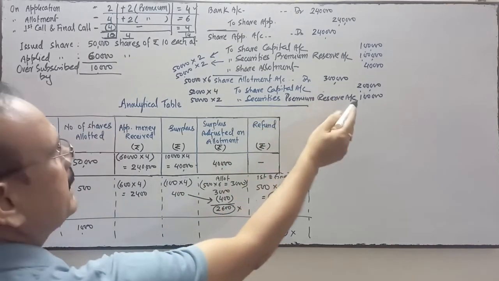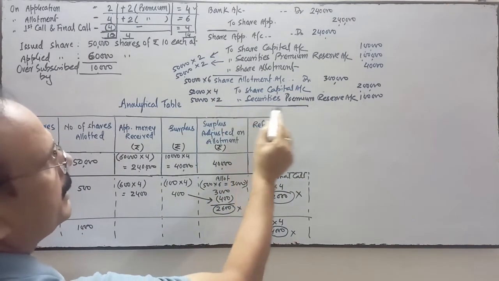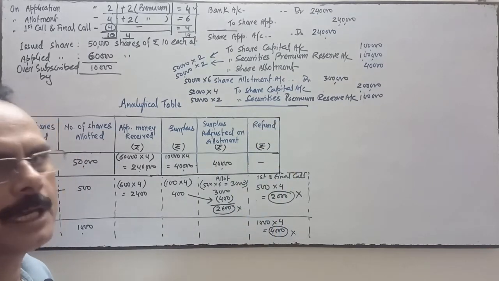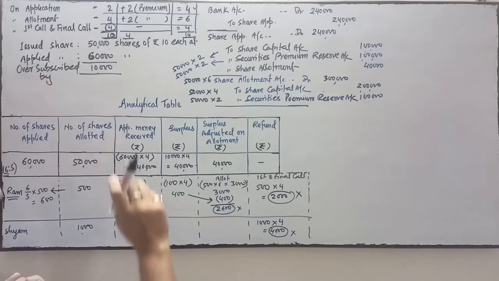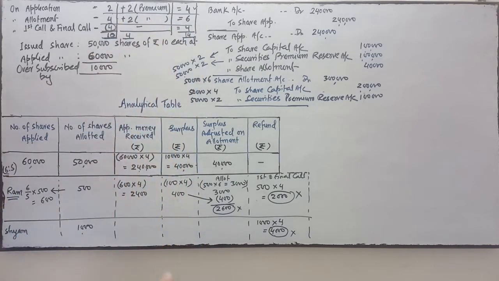So this amount is clear. Share allotment account debit to share capital to securities premium reserve. Narration will be very simple. Being share allotment money due on 50,000 shares at the rate of rupees 6 per share including premium rupees 2. Okay, this will be the narration.